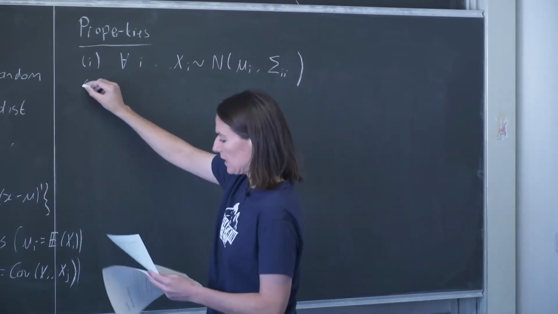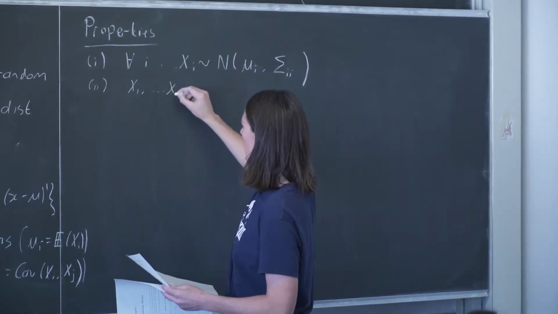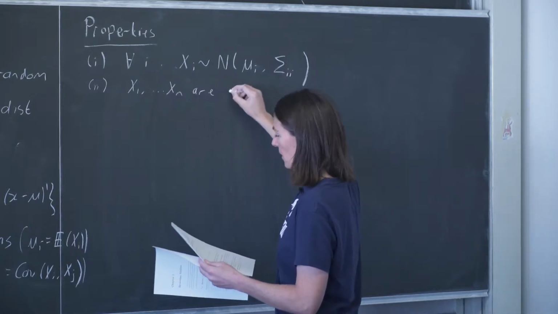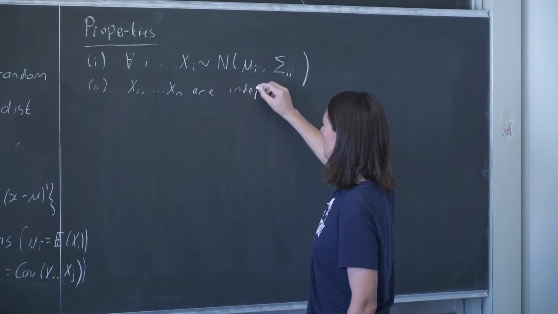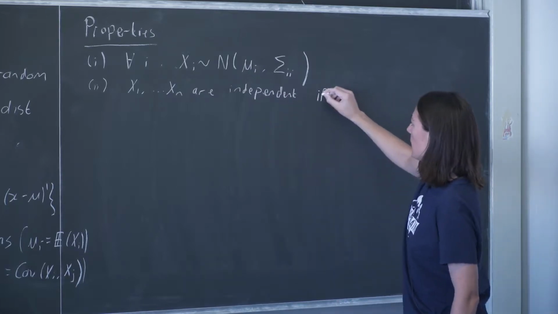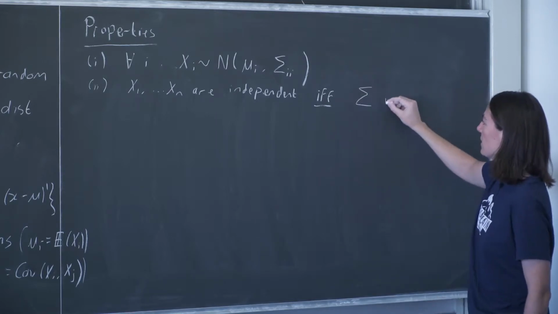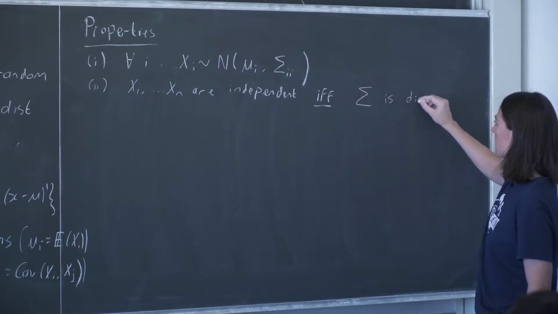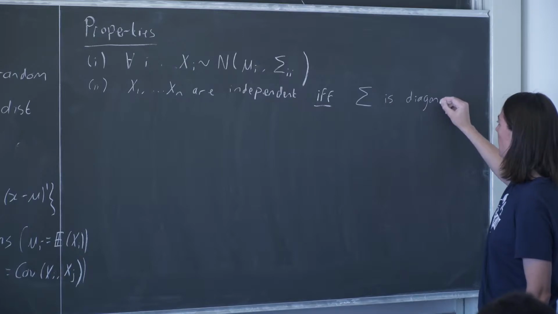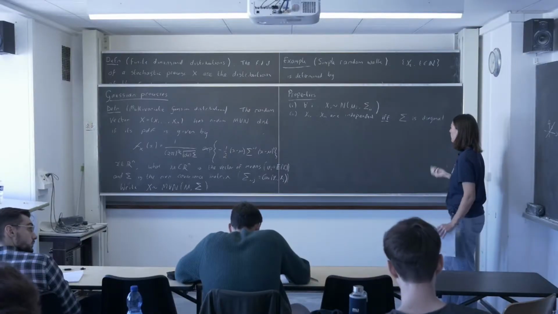The second property is that x1 up to xn are independent if and only if sigma is diagonal. So this is a very special property of the multivariate normal.